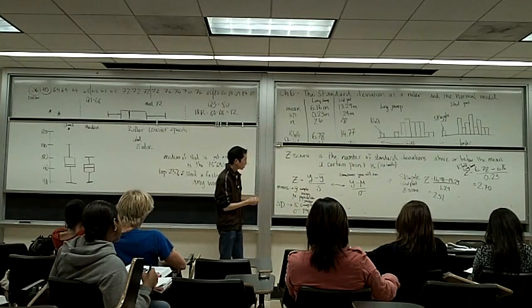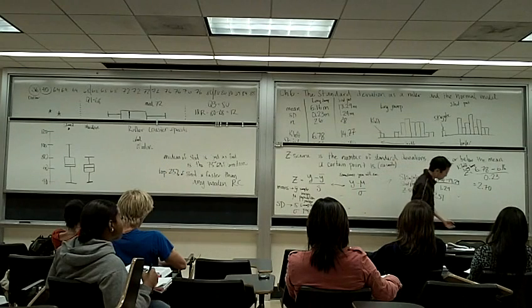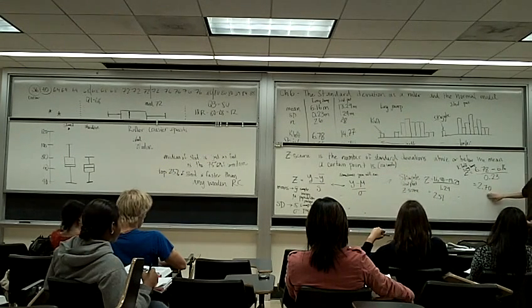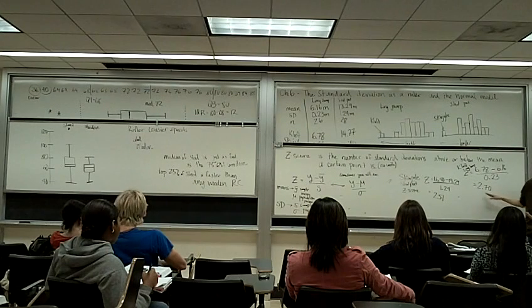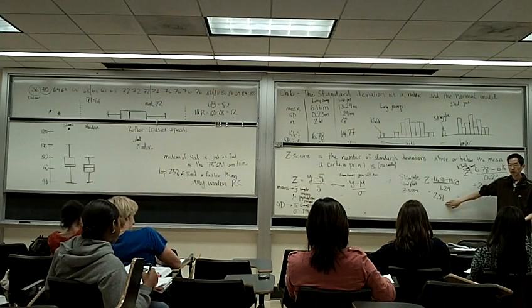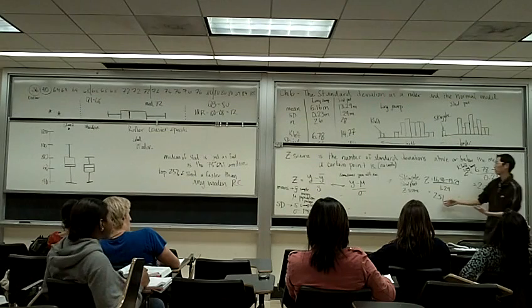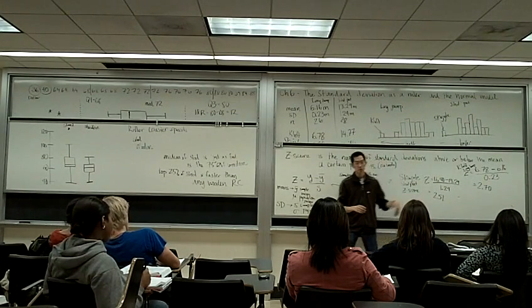Even though we're comparing two different things, Kluft's long jump score is more standard deviations above the mean than Squeete's shot put score. You see that? Kluft had a long jump that was 2.7 standard deviations above the mean. Squeete had a shot put score 2.51 standard deviations above the mean.